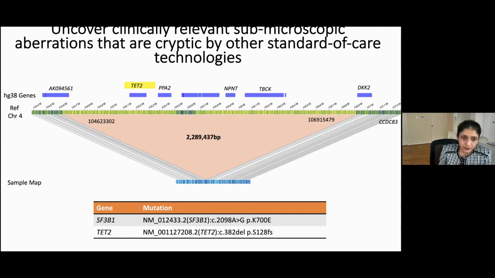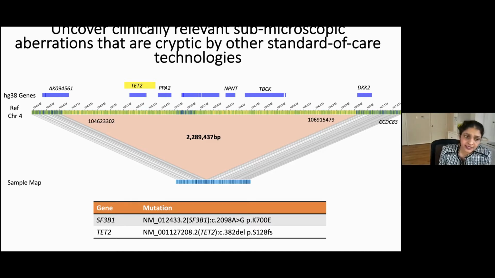This was cryptic by karyotype because it's generally very small, and the labs do not routinely perform FISH for this specific deletion. Interestingly, this case by next generation sequencing studies also had a mutation in SF3B1 and an additional frameshift mutation in TET2, thereby confirming the biallelic inactivation of TET2.